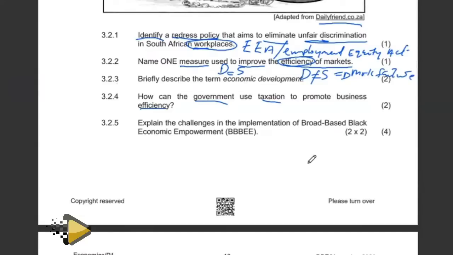If you still remember, taxation is one of the instruments of fiscal policy, and fiscal policy is the policy that the government uses to stimulate the flow of goods and services, and also to stimulate the economy. It depends on whether the economy is at a boom or a trough that will call for the use of fiscal policy with its instruments, taxation and government spending.